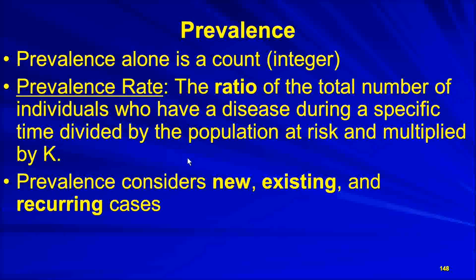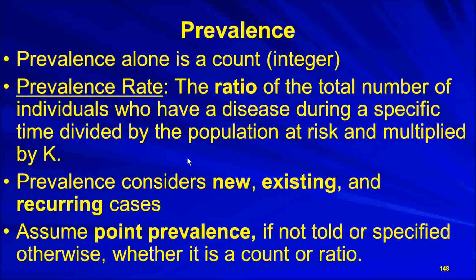It covers new, existing, and recurring cases. So a recurring case is a person who has the flu, this is an example, gets over it and has the flu again. In that case, the prevalence would be counted as 2, occurring 2 times for one individual.